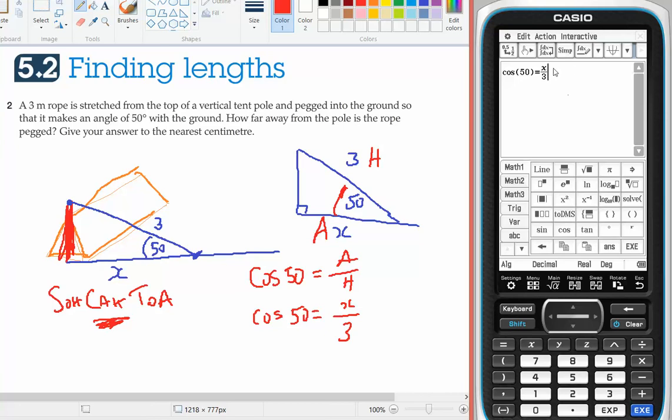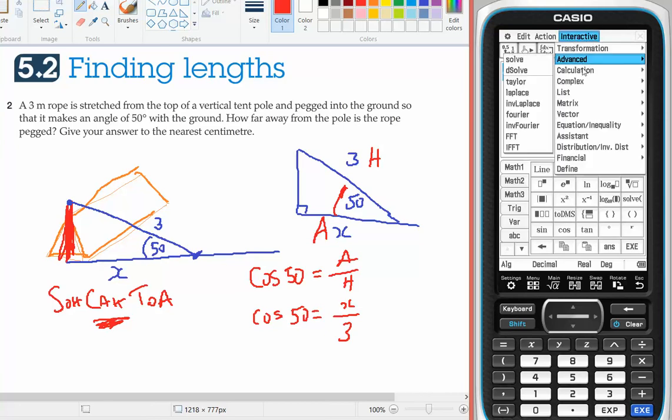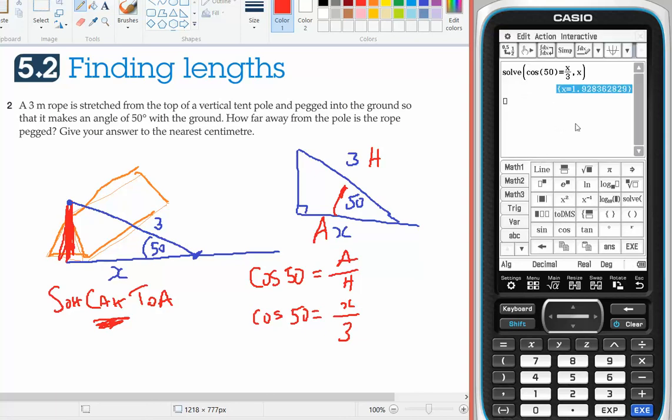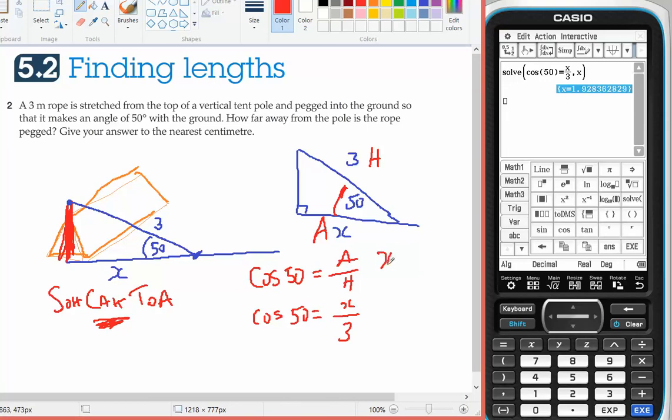And I'm going to select it. Interactive, advanced, solve for x, okay, and that tells me that x equals 1.92836 metres.